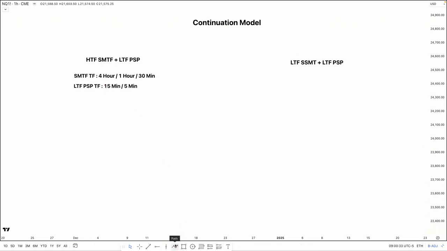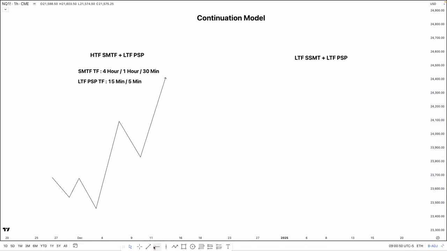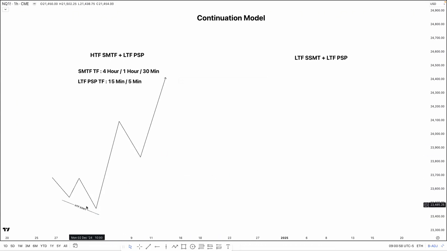What this may look like is this. We have that higher time frame sequential SMT, and we're looking to trade a continuation on the next day. So we have our higher time frame sequential SMT, which we've already had, and then our continuation will be on a SMT fill on a gap on the higher time frame.